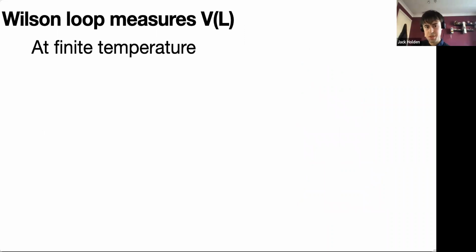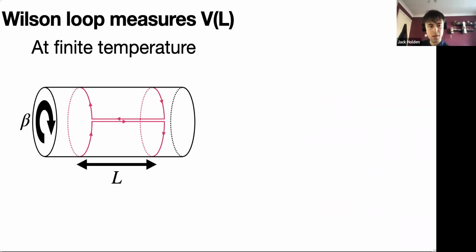So at finite temperature, we make use of this property in a slightly different way. Because of the compact temperature direction, we can't take a very large curve around the time direction. So instead we take a Wilson loop wrapped like this.